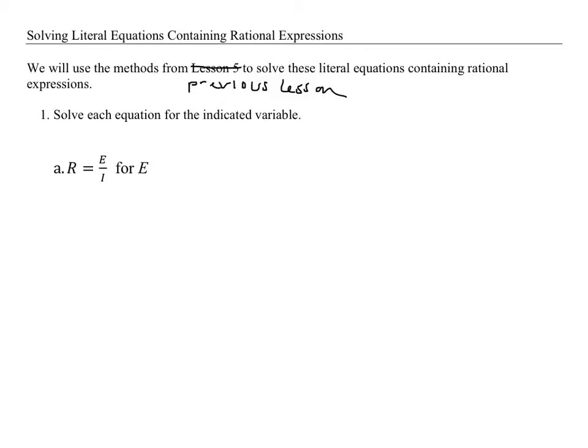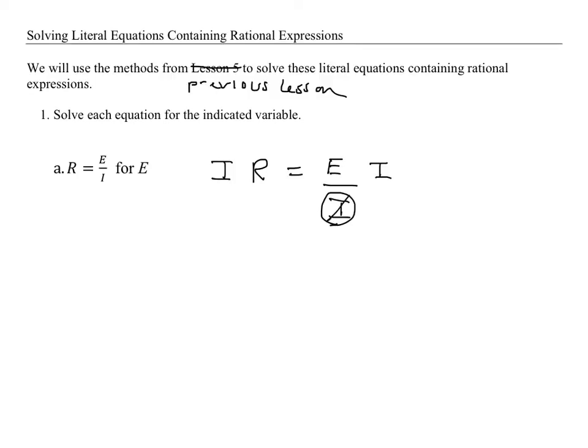And then the ultimate goal is we need to clear the fraction and then get that variable alone, because it wants to be alone. Some of these are straightforward, some not so much. So for this one, we just want to solve for E. I'm going to rewrite it, and to clear the fractions, I need to multiply everything through by I because I want to get rid of it.